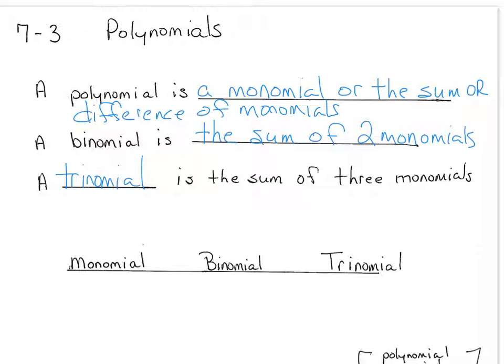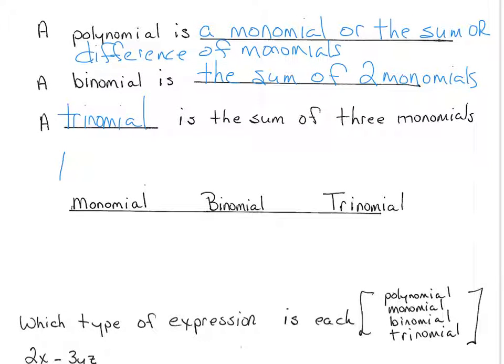An example of a monomial might be just 4. It's a constant, but it's still considered a monomial. 3x squared y is considered a monomial. Remember we said we could take the product of terms. Example of a binomial, 2x plus 7.